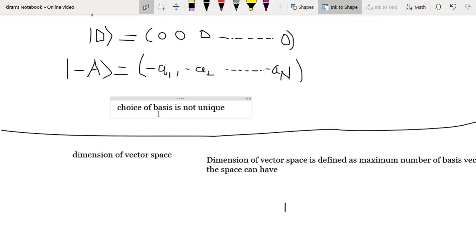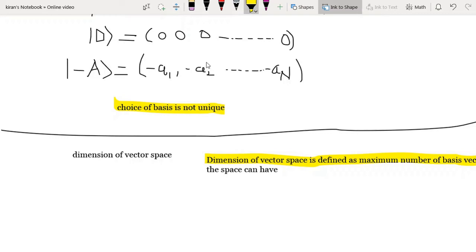Just before, I said that the choice of basis is not unique, and now I am saying that dimension is defined as the number of basis vectors. So does it mean the number of basis vectors in any basis set is the same? Yes, the number of basis vectors in any basis set is equal.